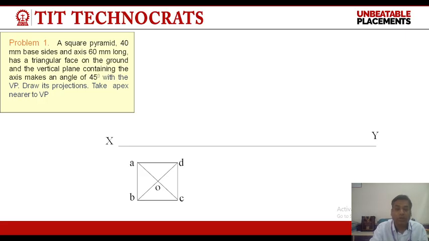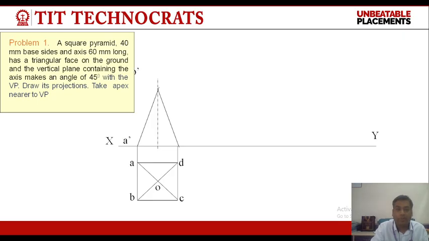Now in second step we will draw its front view by projecting the base on the front view axis. Now this is the front view of a square pyramid. In third step we have to keep the triangular face on HP.